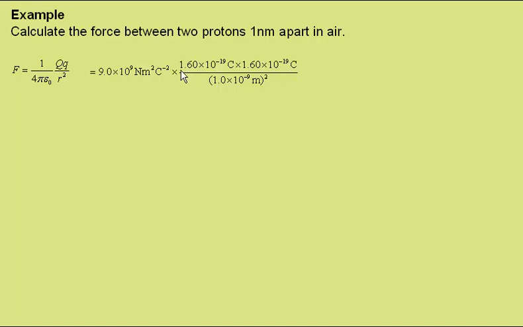I could have written this with 1.6 times 10 to the minus 19 coulombs squared, divided by this separation of 1 nanometer squared. This gives a force of 2.3 times 10 to the minus 10 newtons.